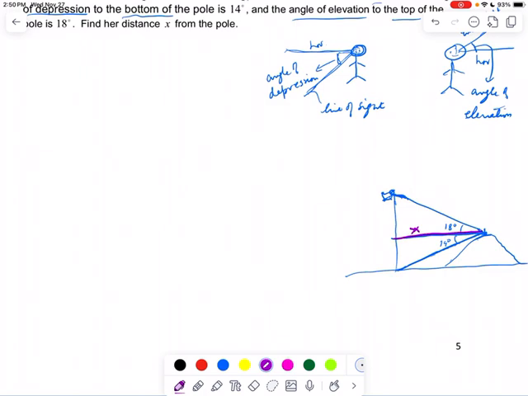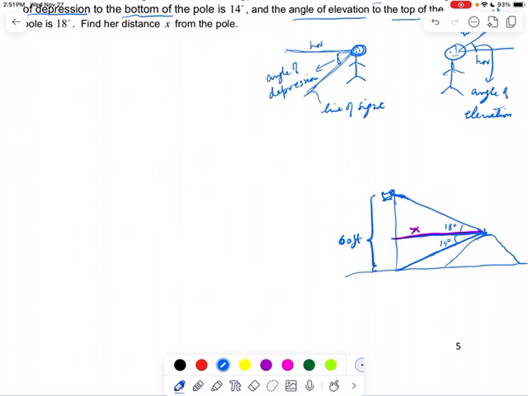This is x. This is what we need to find. So how do we work with that? Another piece of information that is known is that the height of the pole is 60. So this total height is 60 feet. This is something we know.